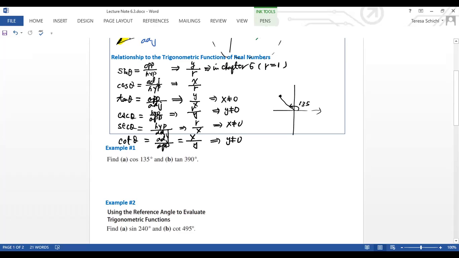Then, just like we did before, you use the reference angles.